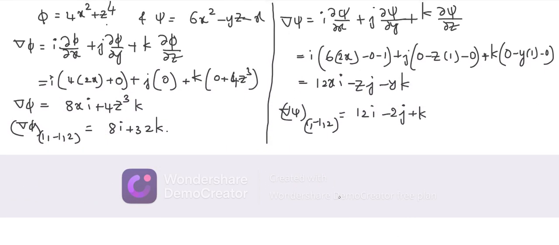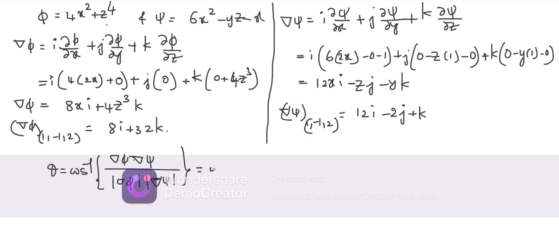What is the formula? Theta equals cos inverse of the gradient of phi dot the gradient of xi, divided by the product of their magnitudes. Right?